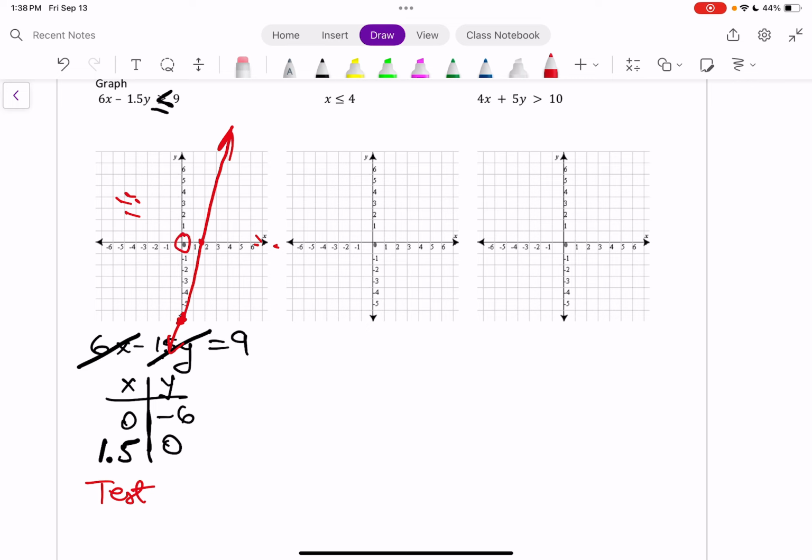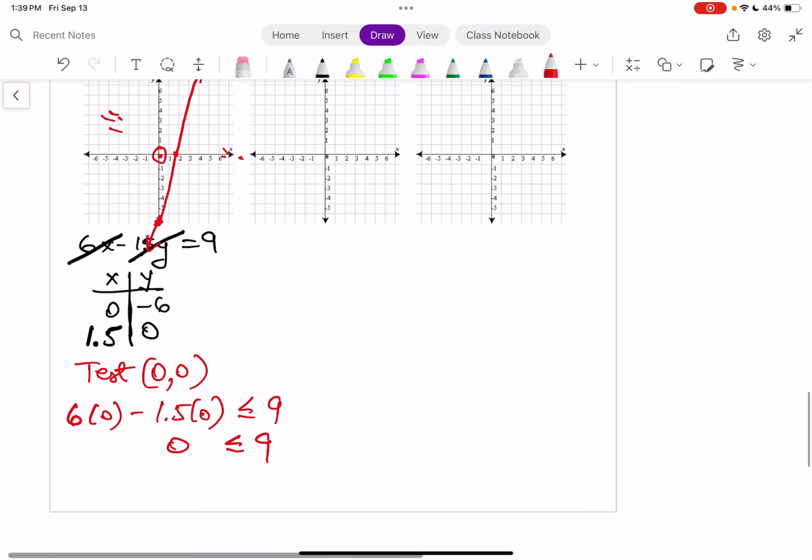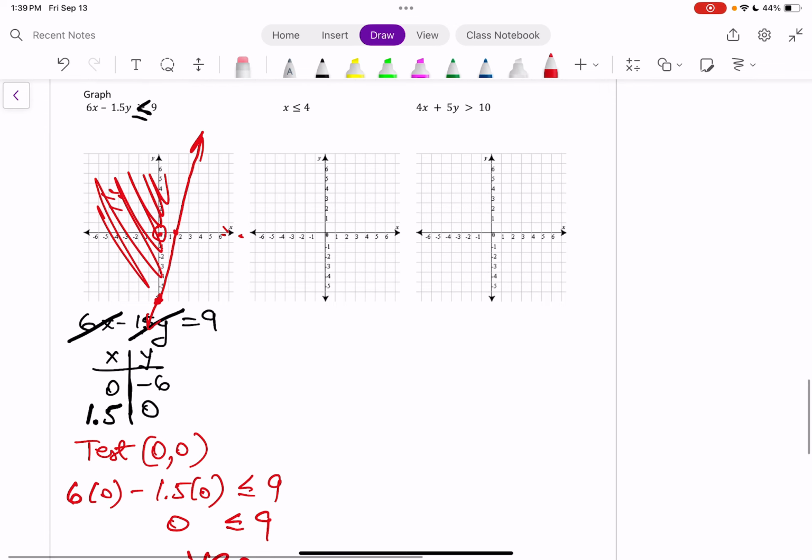And again, we pick 0, 0 for two reasons. We already know where 0, 0 is. The origin is easy to identify. Second of all, we really don't have that much to compute when we plug in 0 for x and 0 for y. So that's a 0, and is 0 less than 9? Yes, it is. Therefore, the side with 0, 0 is in the answer.